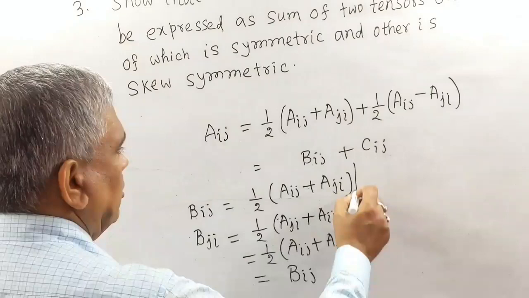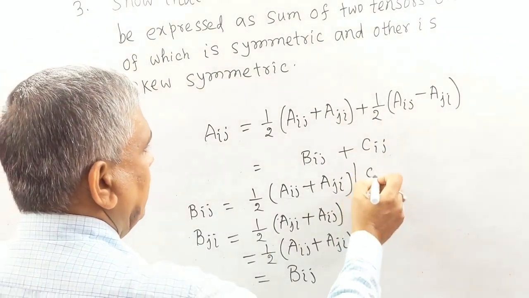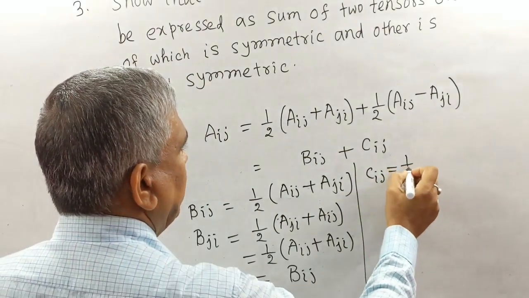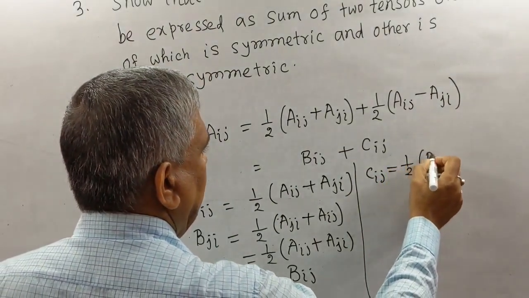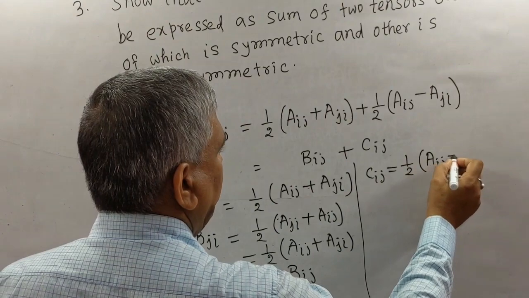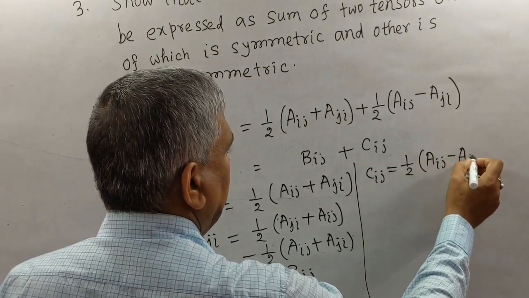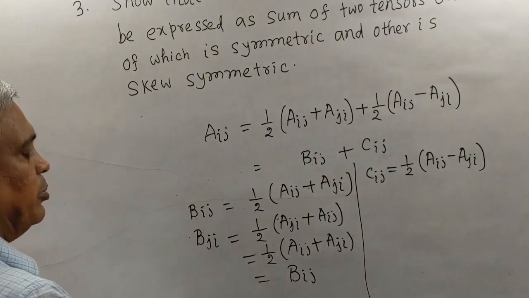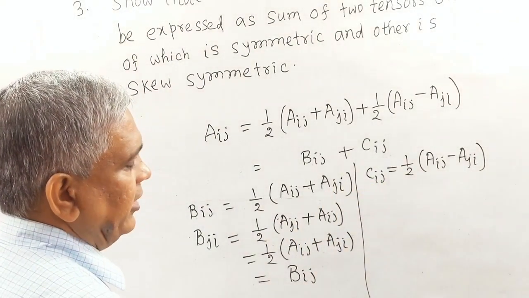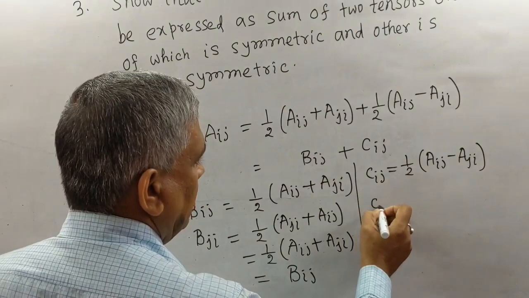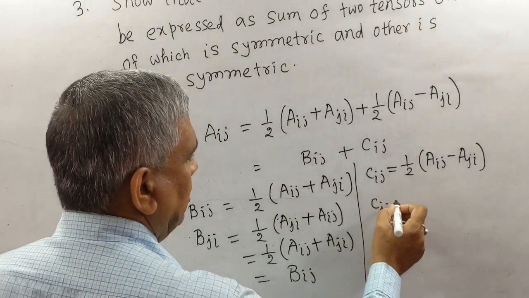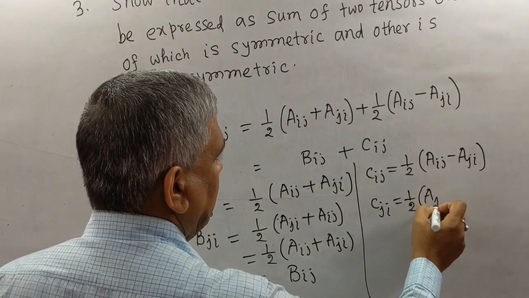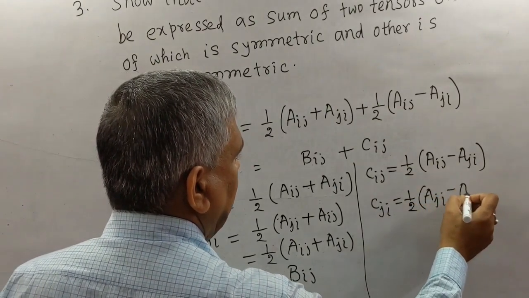Now Cij equals half of Aij minus Aji. Interchanging suffixes i and j on both sides, we get Cji equals half of Aji minus Aij.